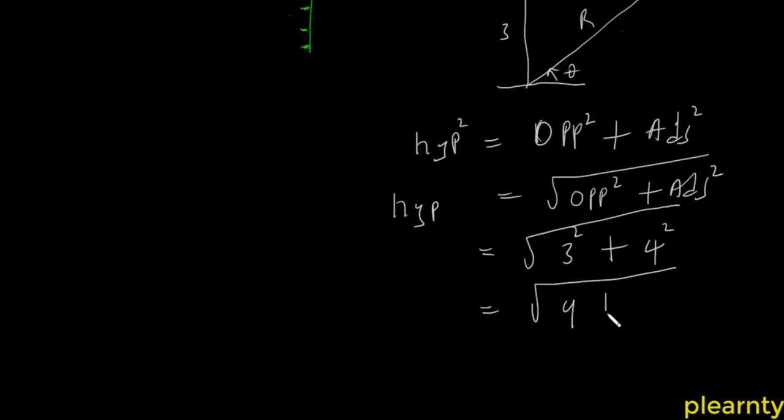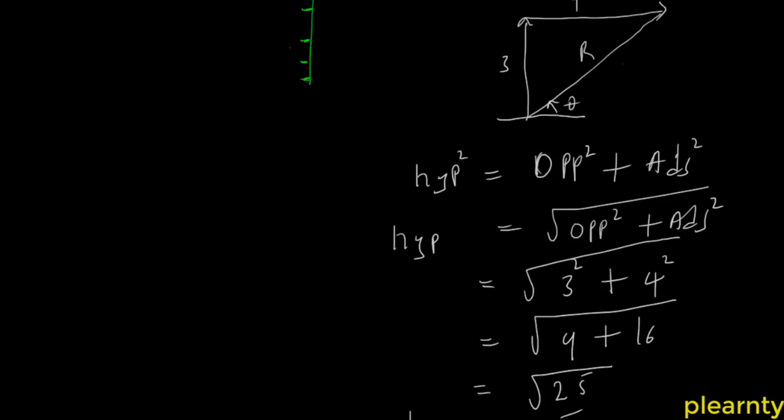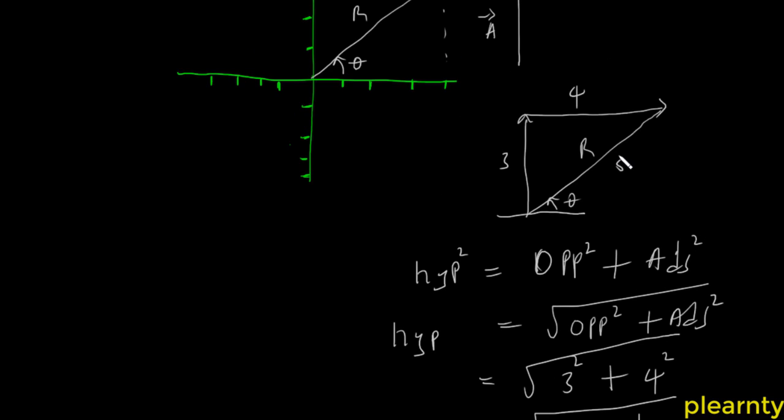This is 9 and this is 16. Adding it together, we have 25. The square root of 25 is 5. So our hypotenuse is 5. This is 5.